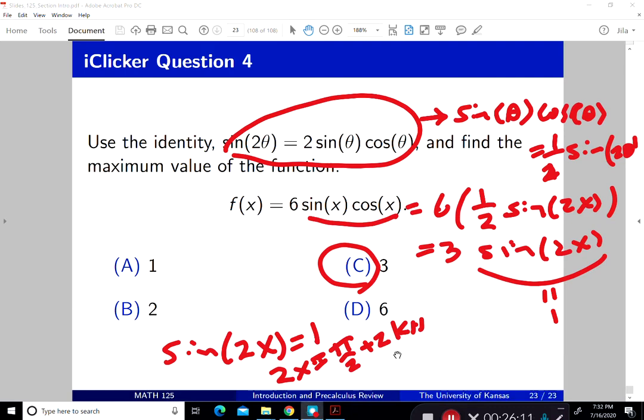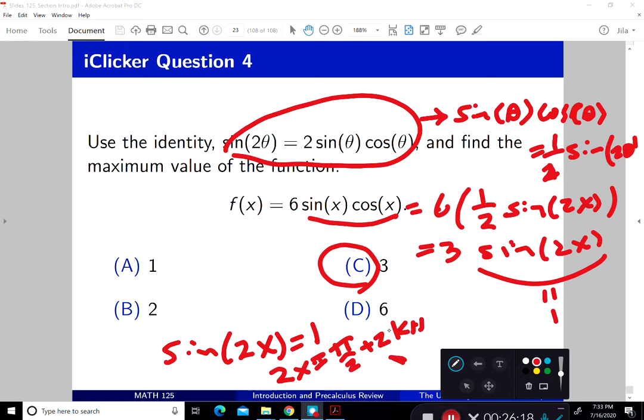So pi fourth plus k pi are the values that give you the maximum value for the function, but the maximum value of the function itself is 3.